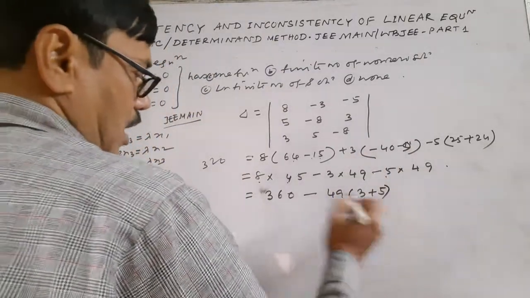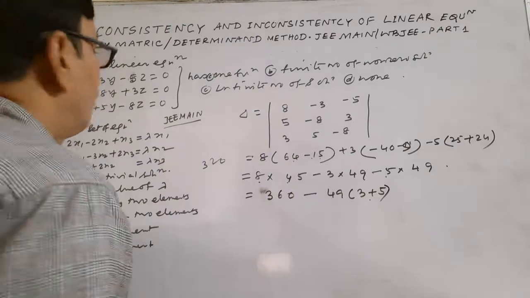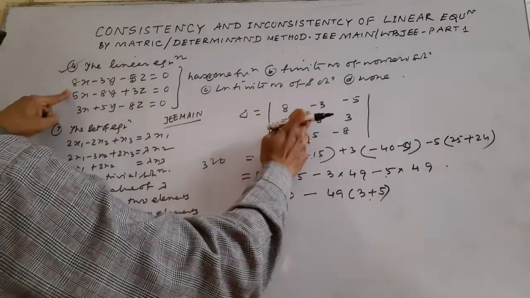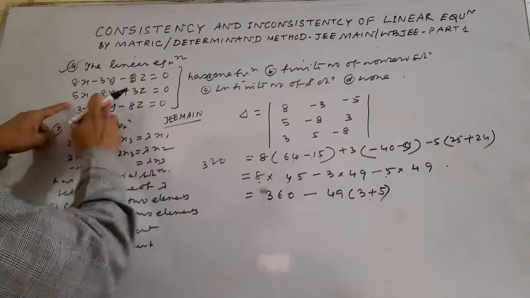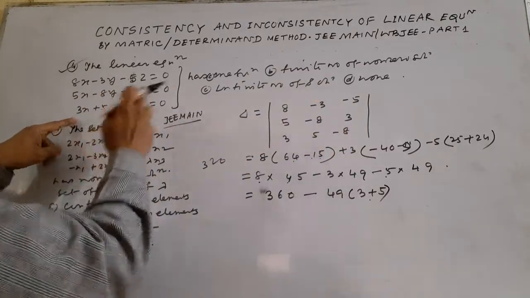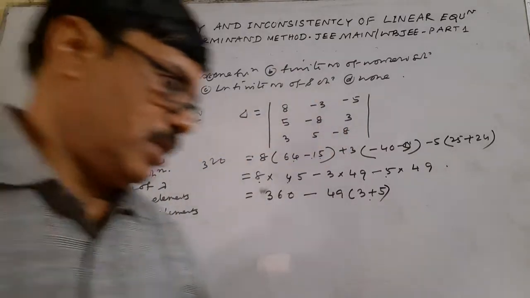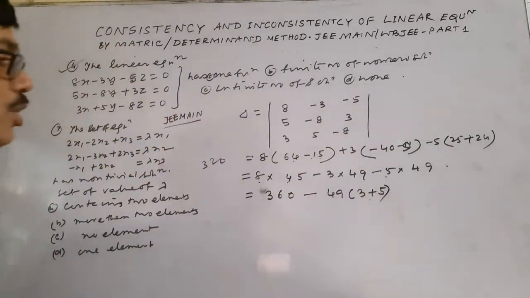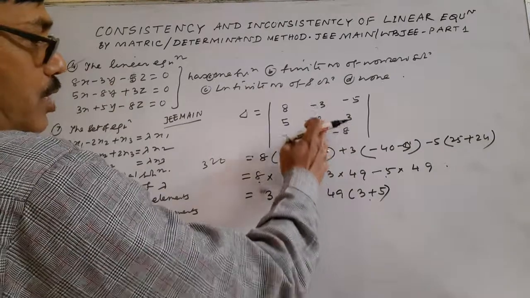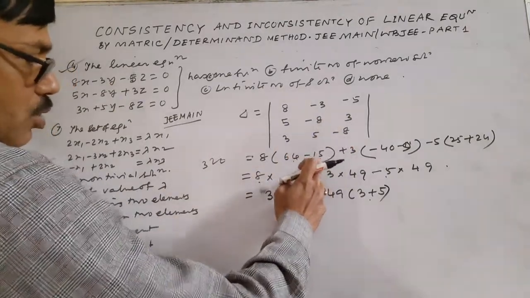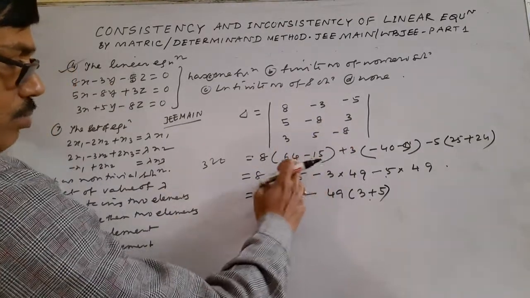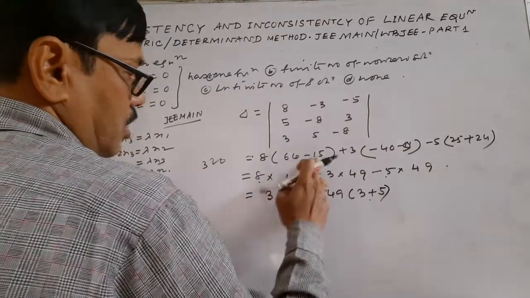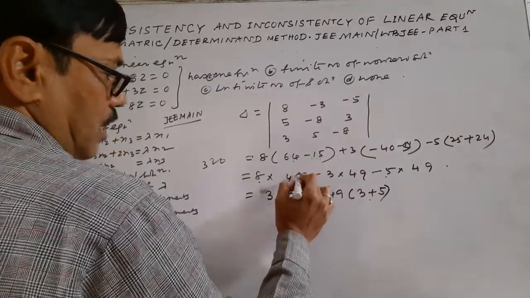Let us verify again. 8, minus 3, minus 5; 5, minus 8, 3; 3, 5, minus 8. So 8 into 64 minus 15, so 45. This was wrong, this is 49.